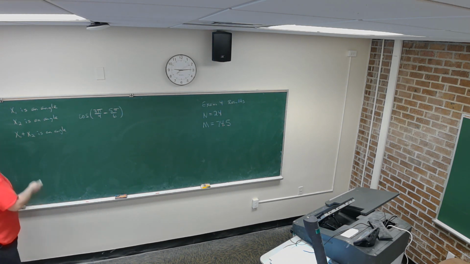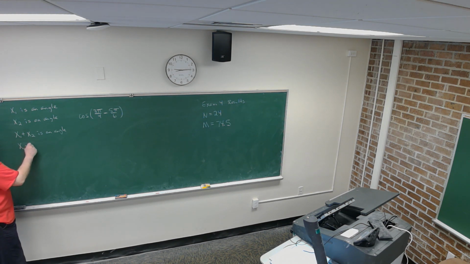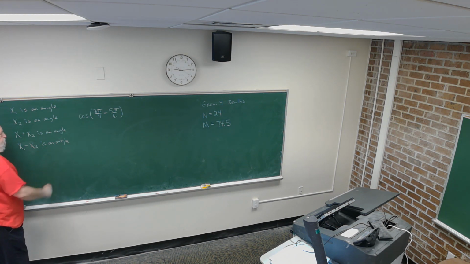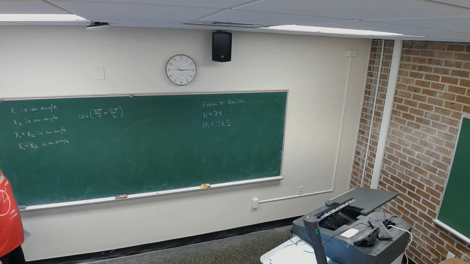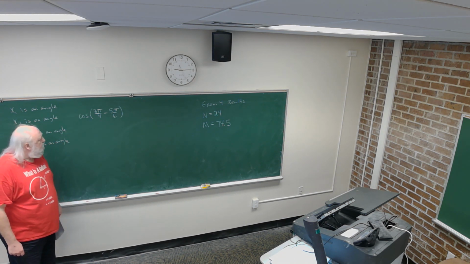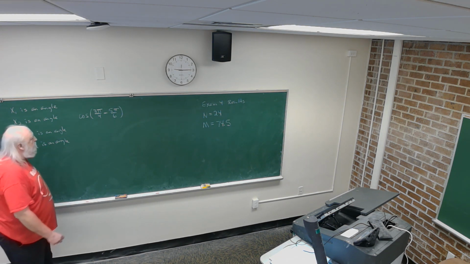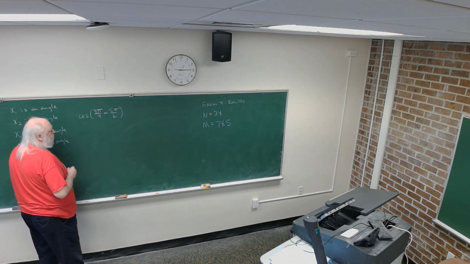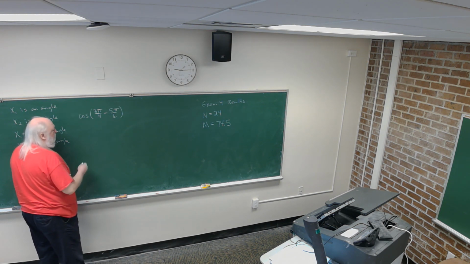So I wrote over here x1 plus x2 is an angle, right? It's also true that x1 minus x2 is an angle. And so 3 pi over 4 is an angle, 5 pi over 6 is an angle, and 3 pi over 4 minus 5 pi over 6 is an angle, right? The common denominator for these two fractions is 12.